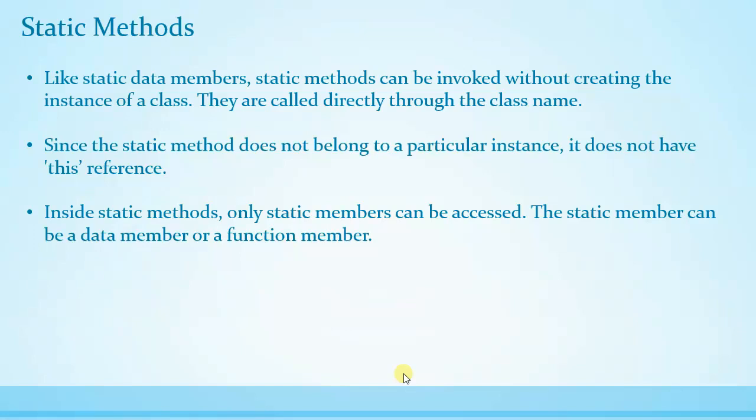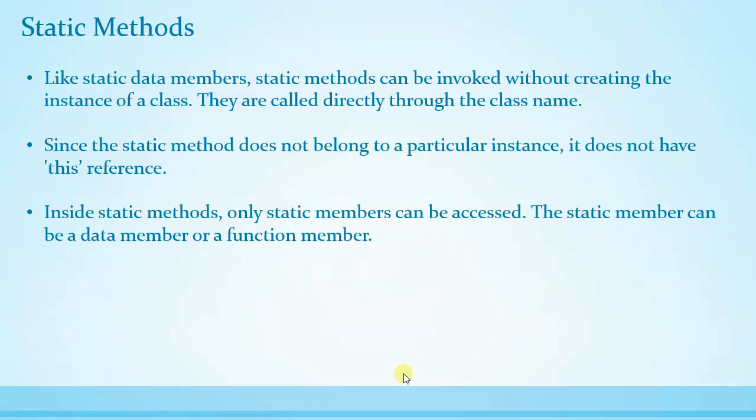Inside a static method, one can access only the static members. A static member can be a data member, or it can be another static method. So we can make a call to another static method inside a static method, or access static data members.